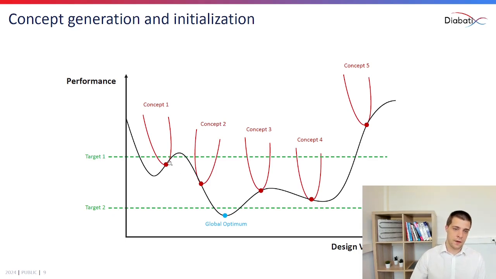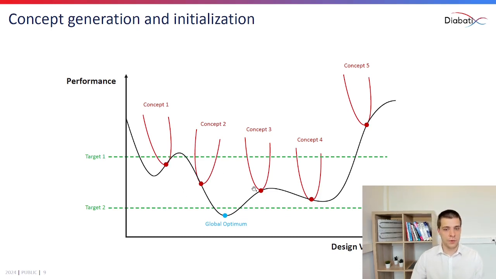While if you start with concept 1, but you only select, for example, only add or only remove, it won't be able to do that. It will just move to a local optimum.